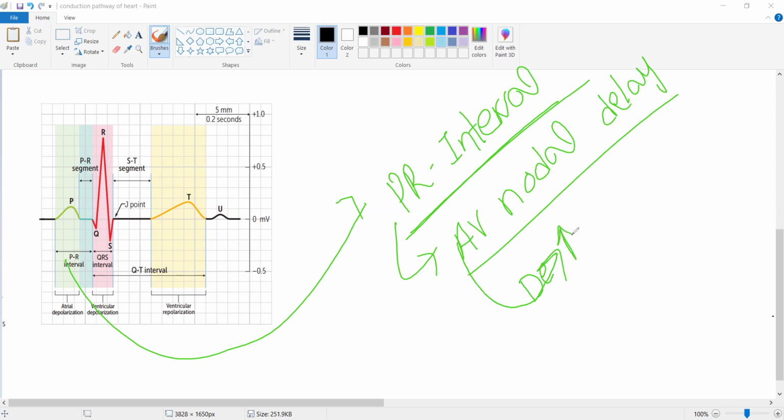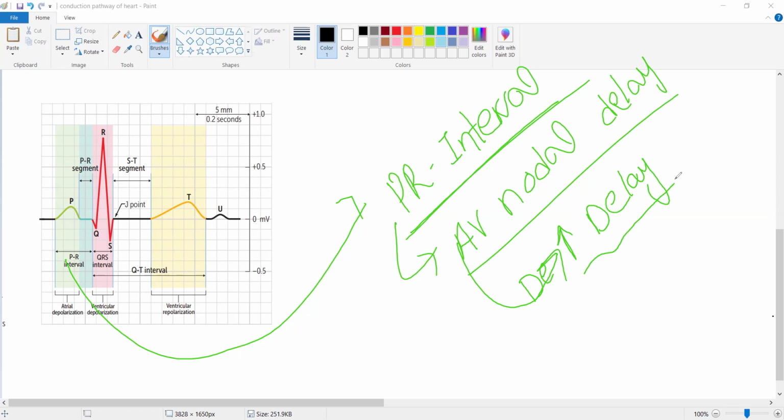If the AV nodal conduction is slow, the PR interval is prolonged, because a longer time is needed.